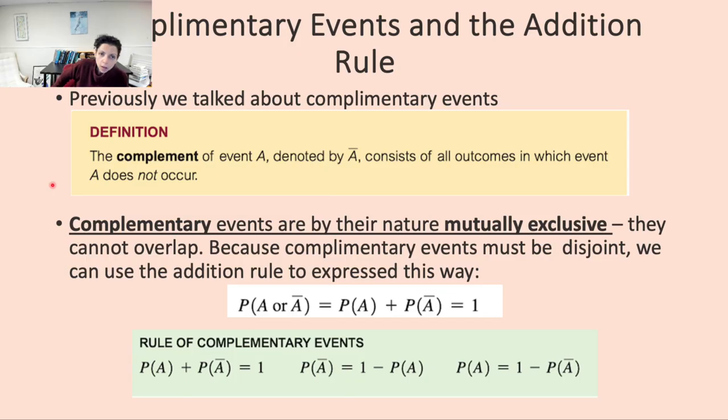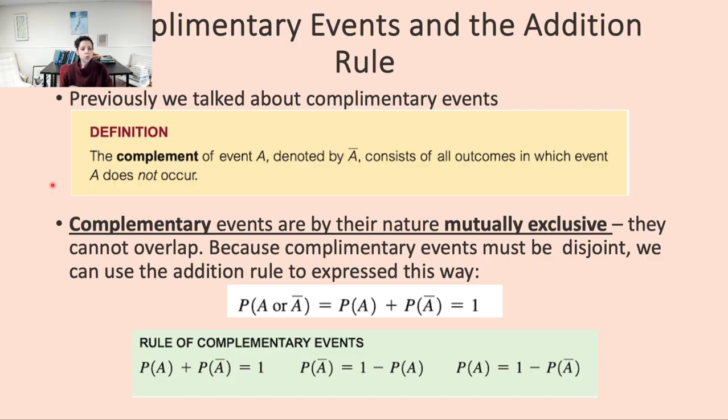So let's talk for a minute about complementary events again in the context of the addition rule. We talked about complementary events. Remember, the complementary event is the event that a condition does not happen.